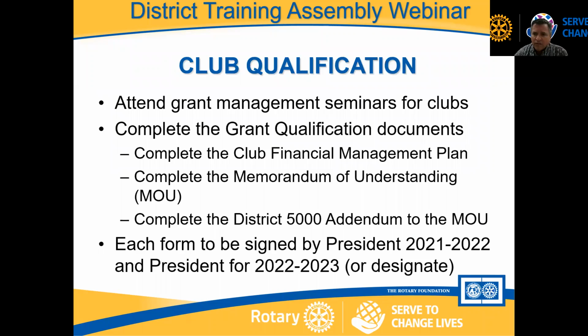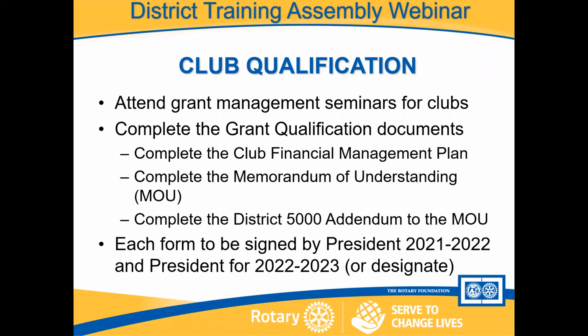Okay, club qualifications, a very important aspect. So again, attending the grant management seminar, which you're doing tonight. Complete the grant qualification documents. There's a club financial management plan. It's not complicated at all. There's a memorandum of understanding, also very simple to fill out. And then there's an addendum to the memorandum of understanding.